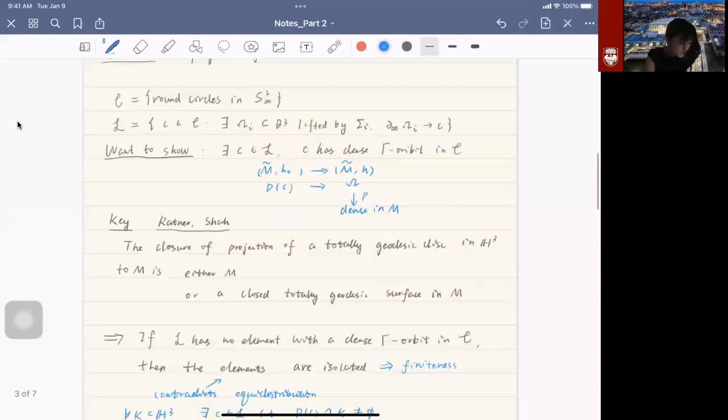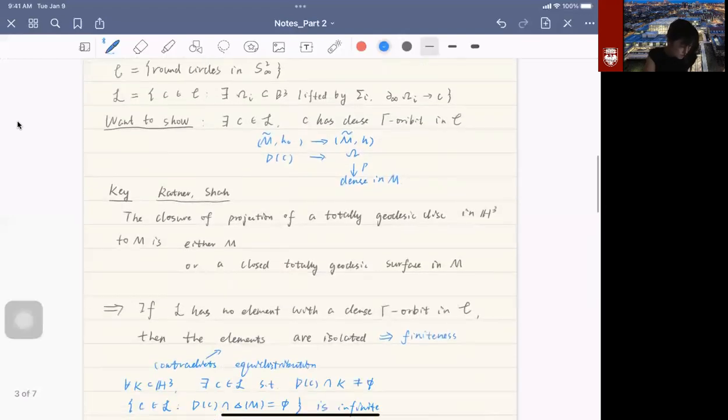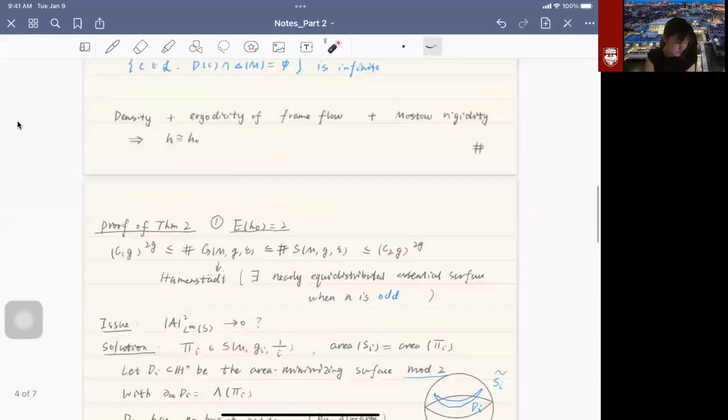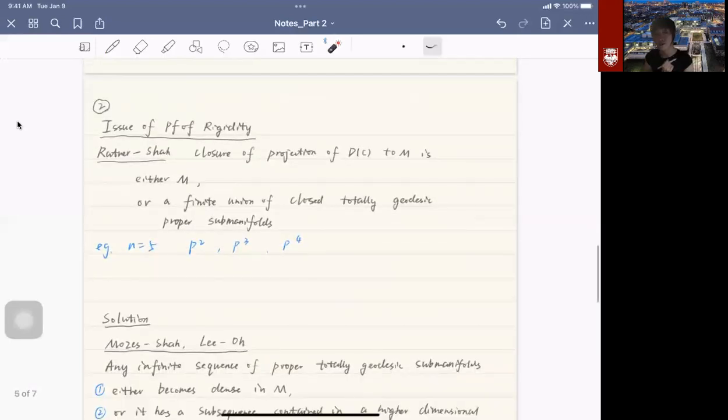So unlike the 3-dimensional case, if we assume there's no dense element in L, we no longer have this property. It doesn't have to be isolated because if we consider the elements, they can accumulate at some lower dimensional spheres. Also we don't have the finiteness result, and we have to look for some other result to prove that.